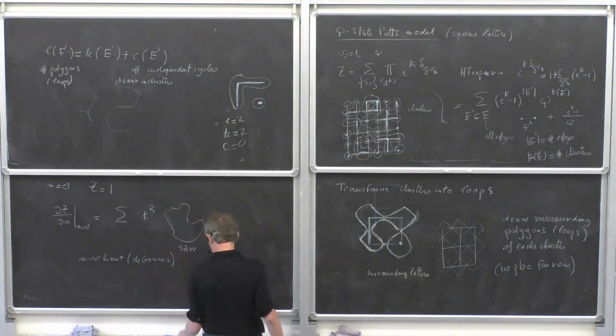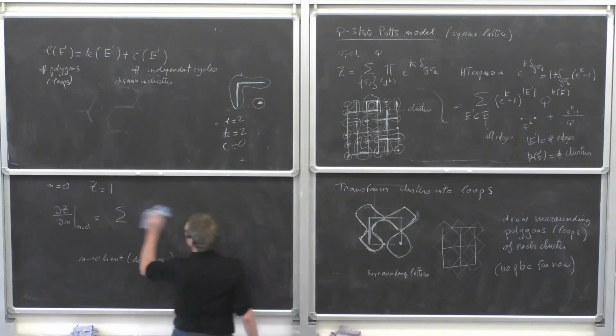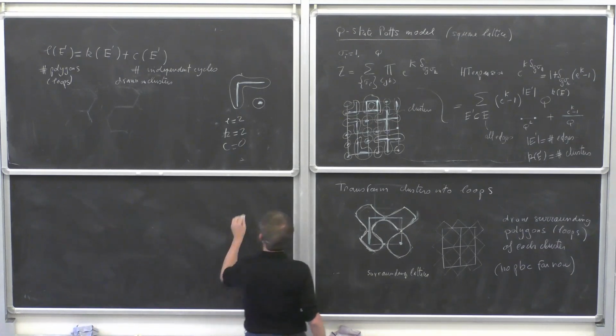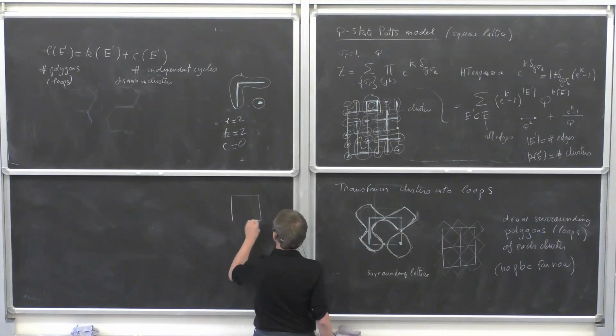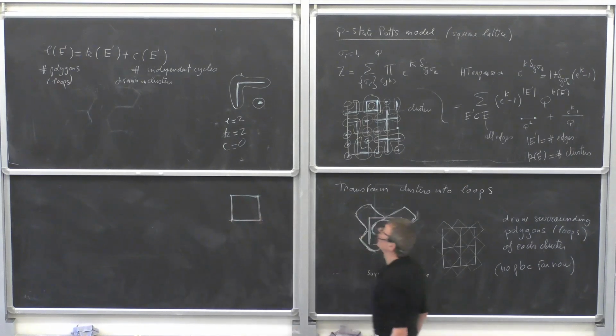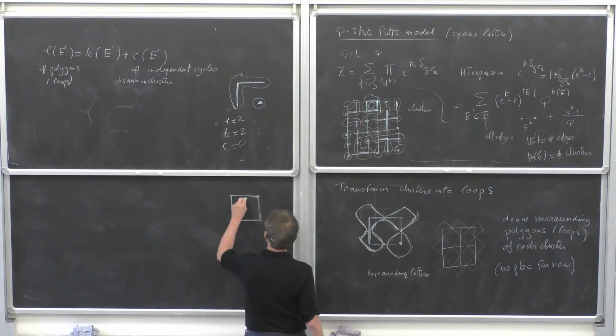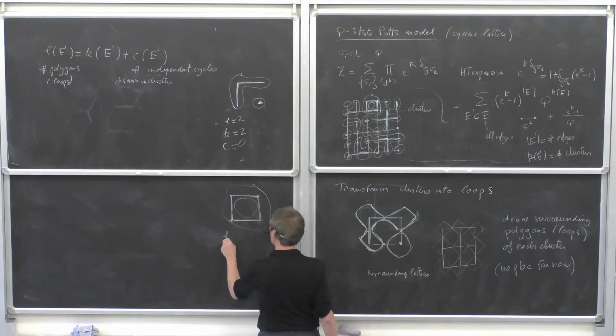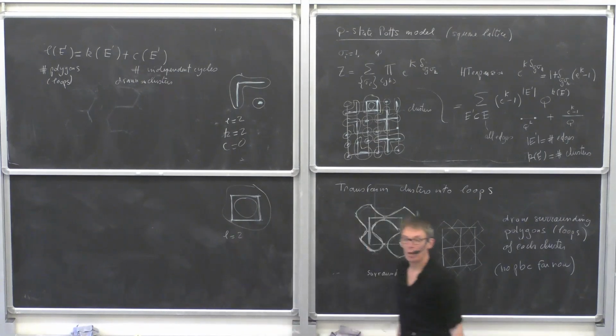Let's do another example with a sexier diagram. How about this one? So now this is 4 blue bonds. What are the polygons associated with this guy? Well, now I have 2 polygons. I have one inside and one outside. So I have L equals 2. K, how many clusters?